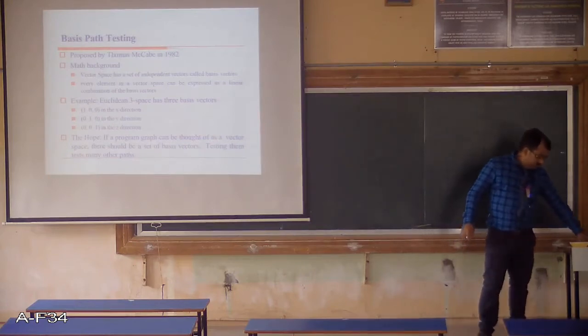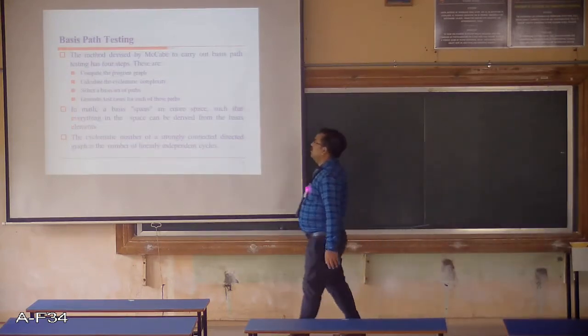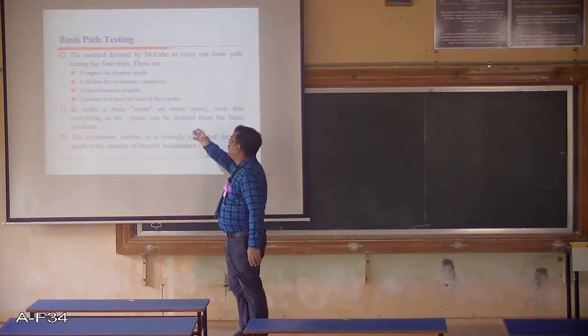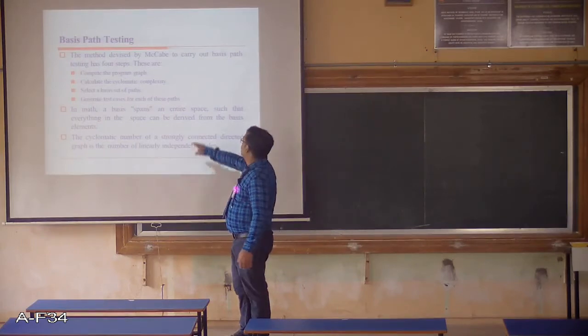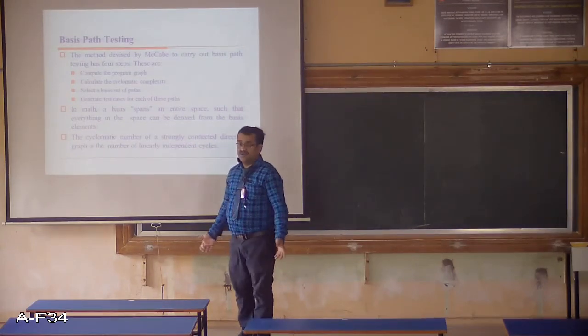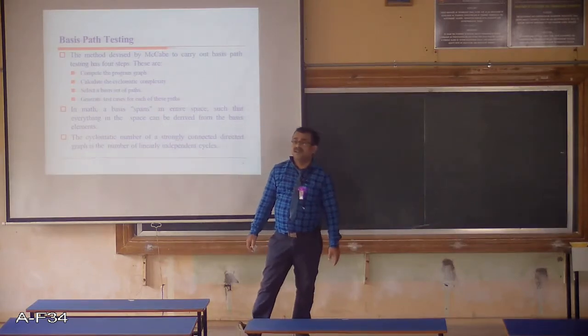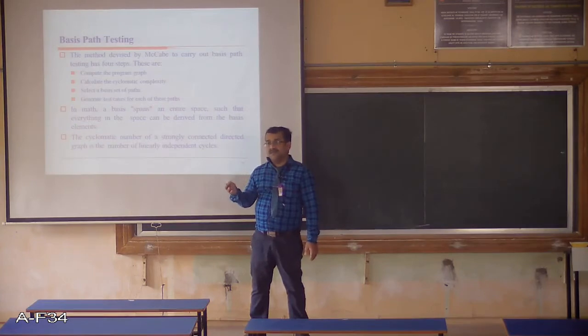Now, basis path testing actually has 4 parts. These 4 parts are: compute the program graph, which we know how to do, as we discussed in the previous classes with the program graph we computed for the triangle problem.